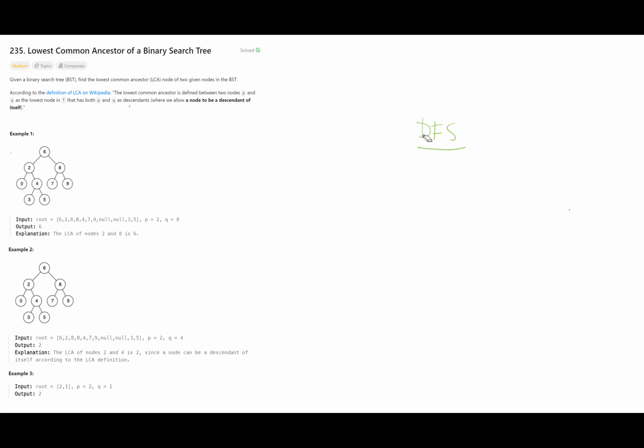If at any point the node that we are traversing now has a value equal to P, or equal to Q, that is, if we have reached a node that has a value of P or Q, in that case we can just return the node, because we have reached one of the values.